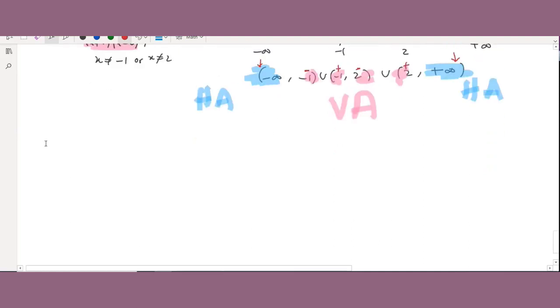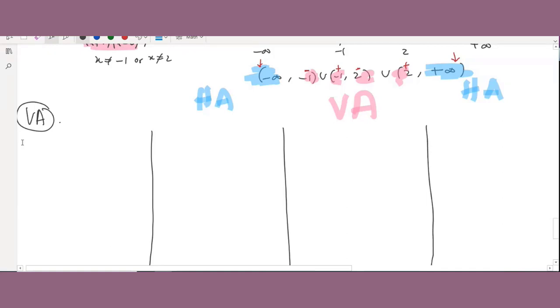Is it too small? Okay, let's try. Or just do vertical asymptote first, the vertical asymptote case is easy.